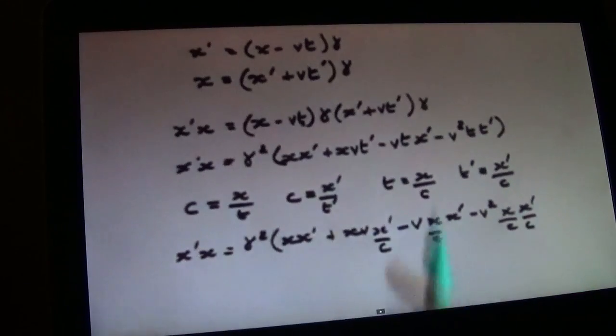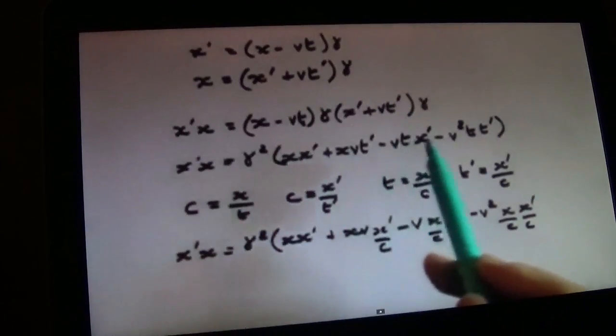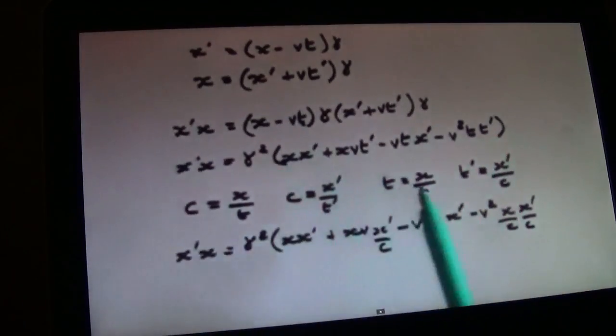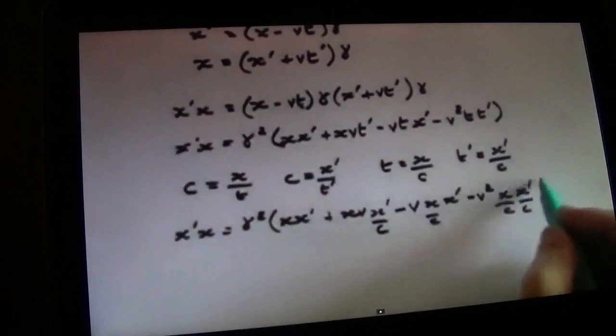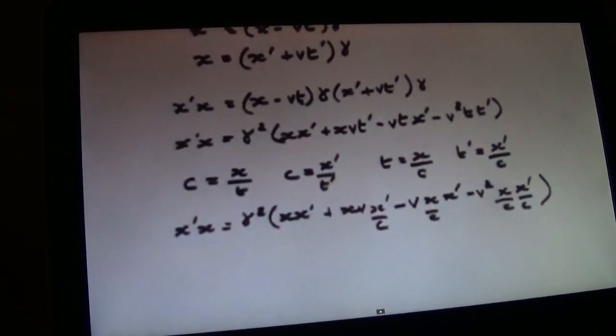So I've simply, in this formula, replaced all the t's and t primes by x over c or x prime over c respectively. Now again, that still looks awful, but you'll notice that x prime exists in every term.